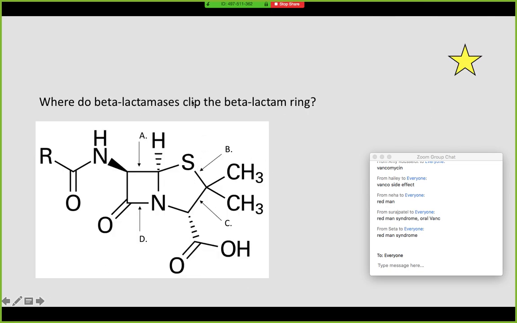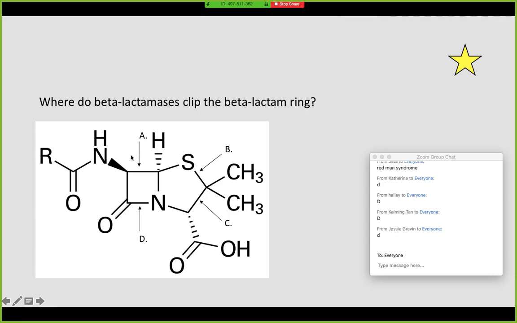Okay, so here we go. Where do beta lactamases clip? The beta lactamase, the enzyme produced by the bacteria, clips the beta lactam, which is the drug's ring, right? D. The question last year on the exam looked basically just like this.